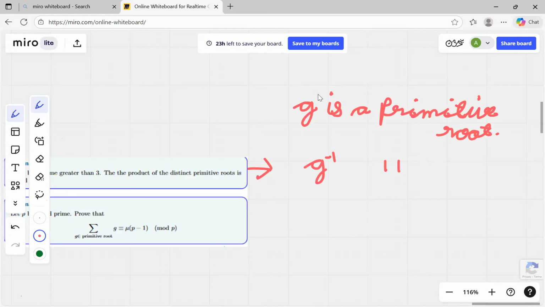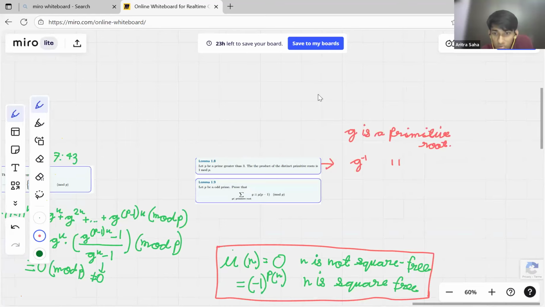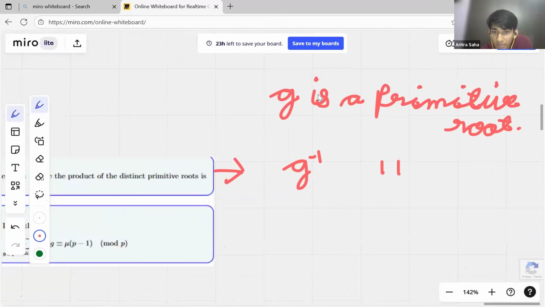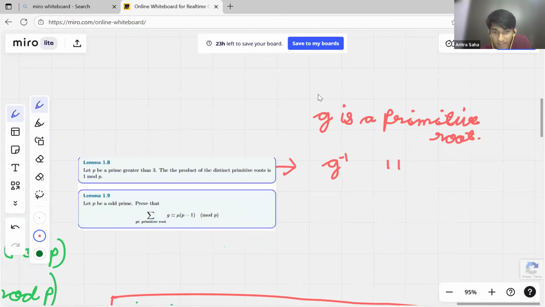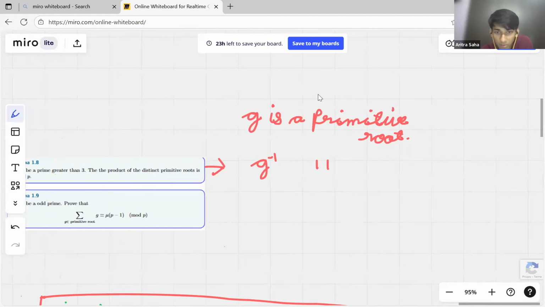Isn't this just the theorem that we just proved? Basically, G to the -1 means G to the P minus 2, and that is obviously coprime with P minus 1. Because that is coprime, that is a primitive root.